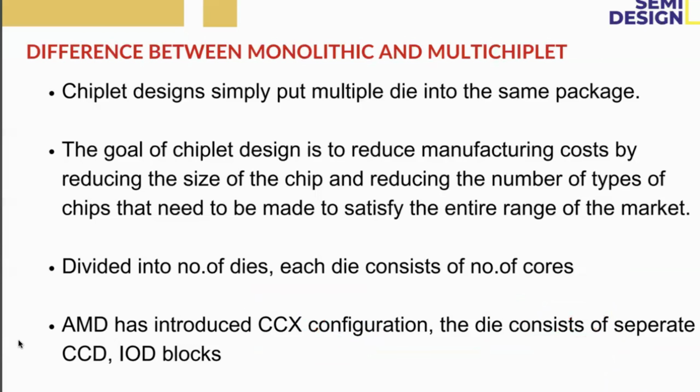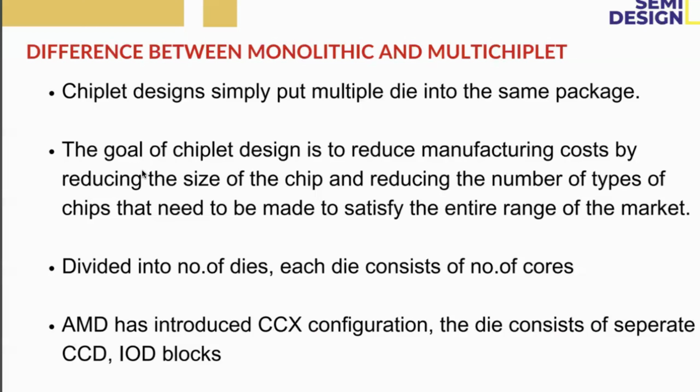Okay, and as I said, divided into a number of dice. We'll discuss that. The main goal of the chiplet design is to reduce the manufacturing cost. It has multiple chiplets, so no need to put everything in a single die. If you put everything in a single die, what happens? It becomes very bulky in size.